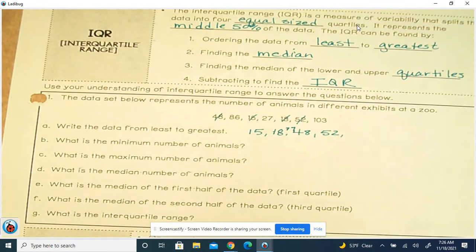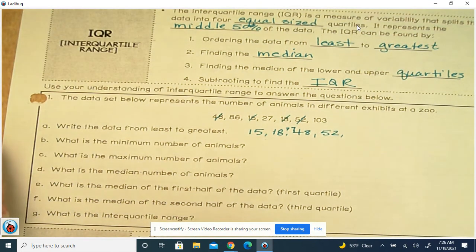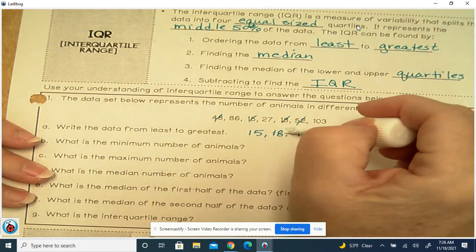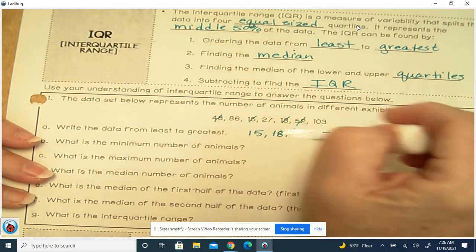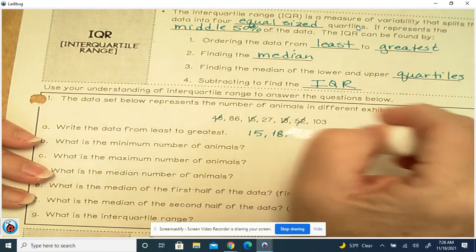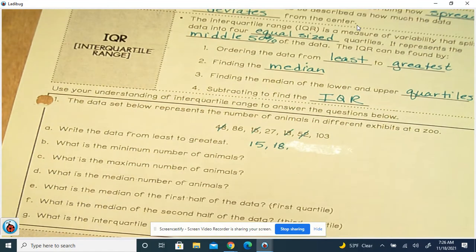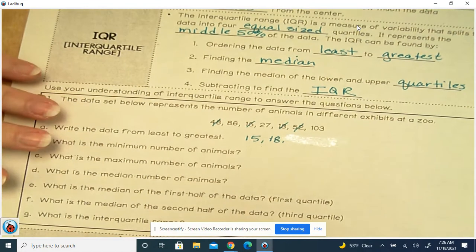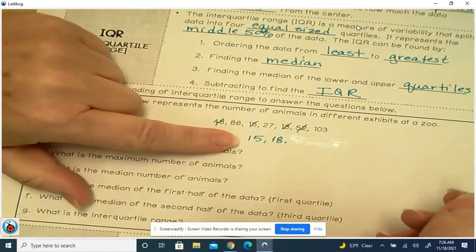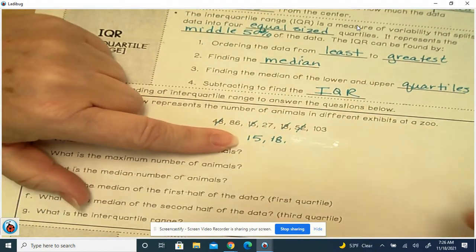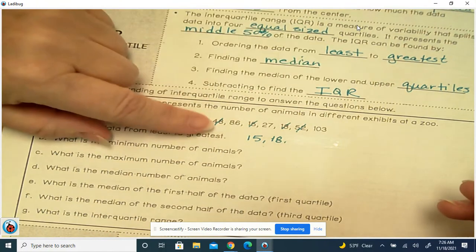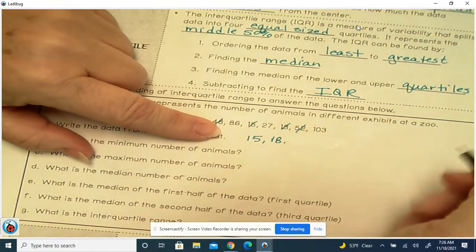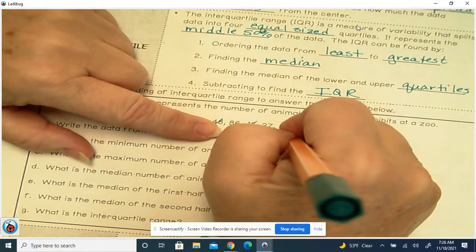Okay, let me fix this size. So I left out a number. Let me fix this. Let that dry a minute. But anyway, you would order them from least to greatest. And then we have 27.